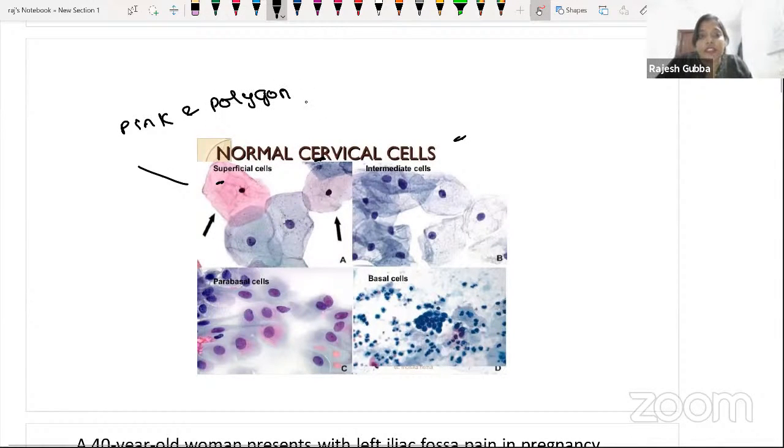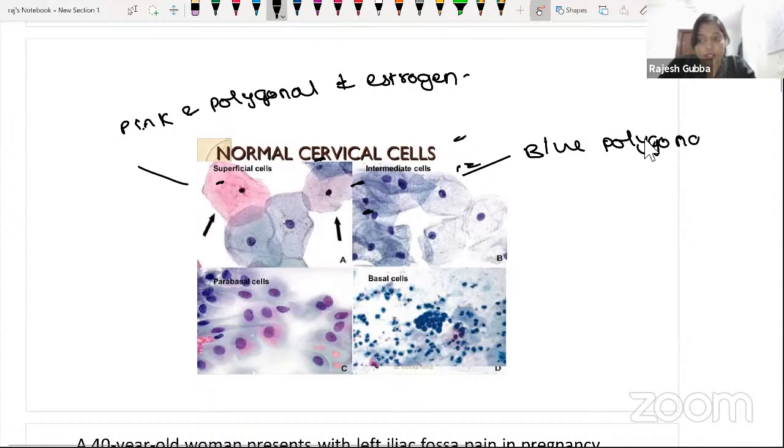Pink polygonal superficial cells are under the influence of estrogen, whereas blue polygonal cells are under the influence of progesterone.